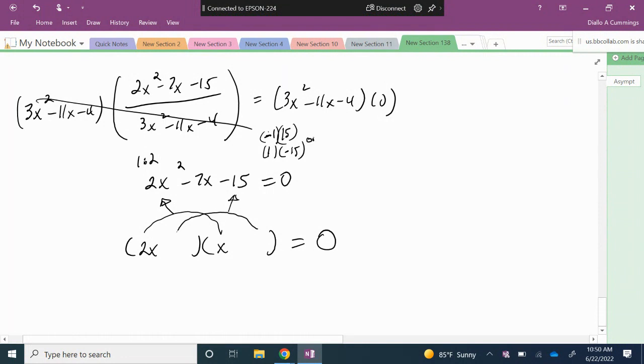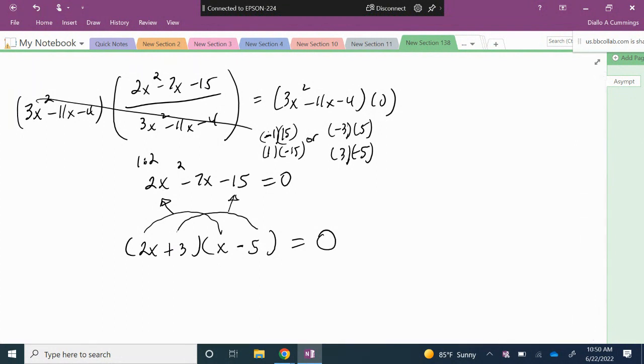I could also have a negative 3 and a positive 5, or a positive 3 and a negative 5. All right, those are all my possibilities. So I'm going to use a positive 3 and a negative 5.